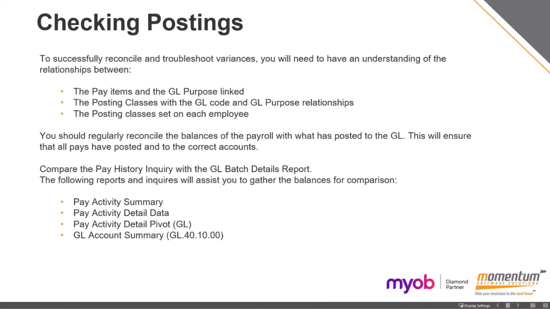So it could be the case that you will notice the accounting or finance team employee salary and wages is posting to warehouse. It will be because the posting class on the employee details is being set to the warehouse posting class rather than to the accounts or admin posting class.